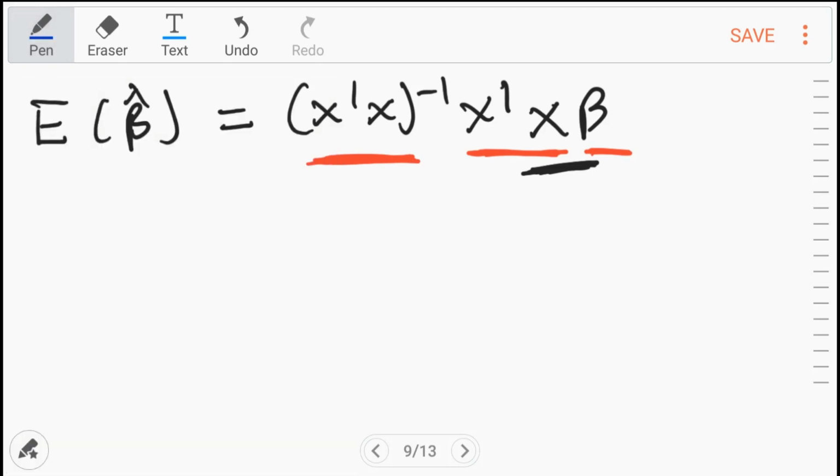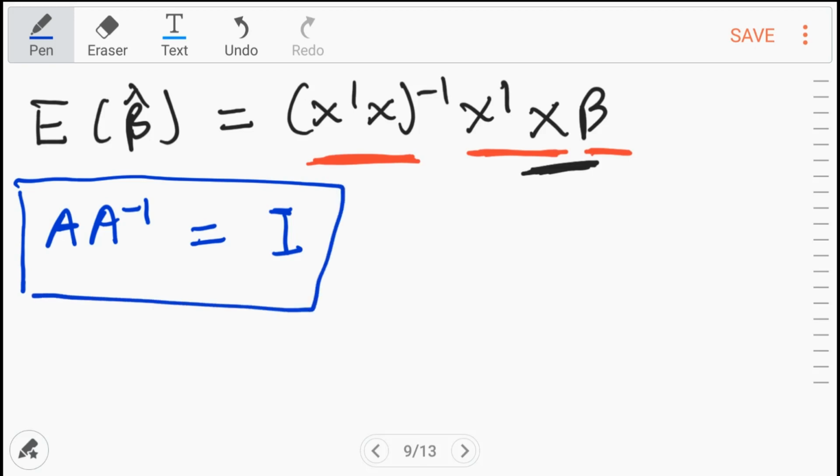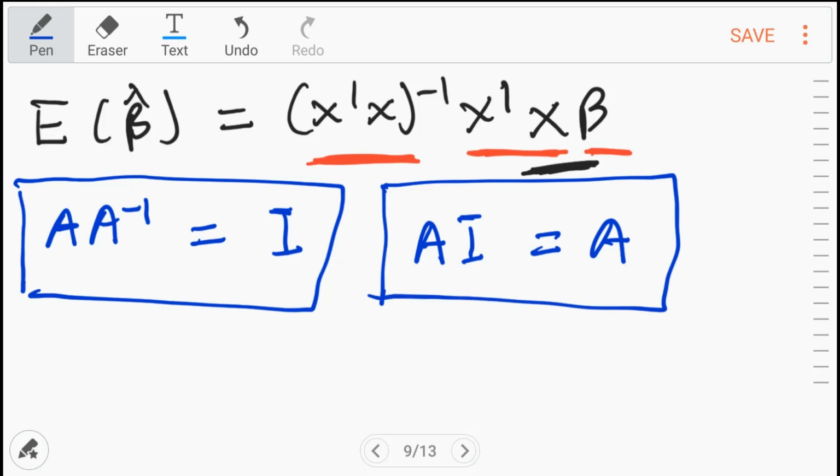Note that in matrices, if you multiply any matrix, say matrix A, by its inverse, you're supposed to get the identity matrix. And if you multiply any matrix, say A, by its identity matrix or the identity element, you're supposed to get that same matrix. Kindly take note of these two properties. We are going to use them here.